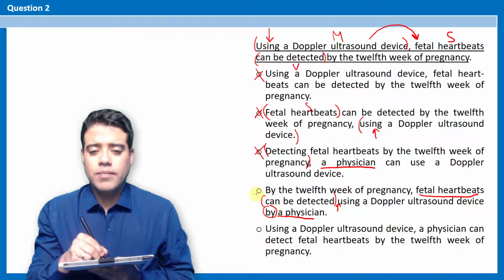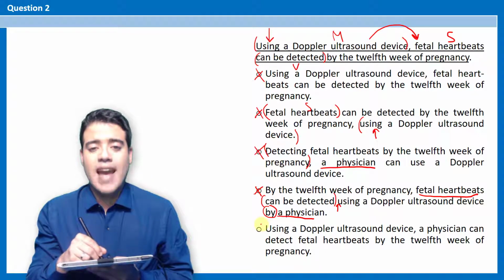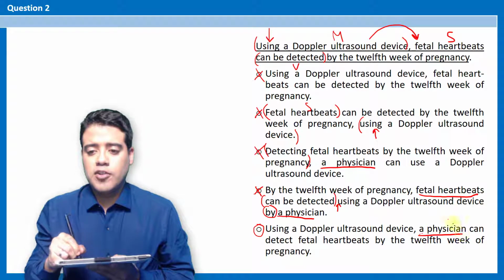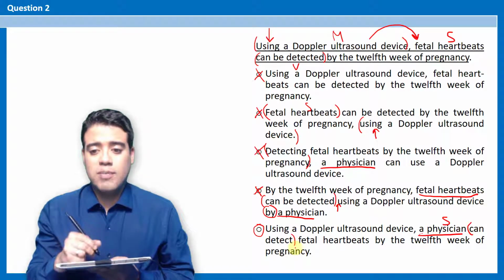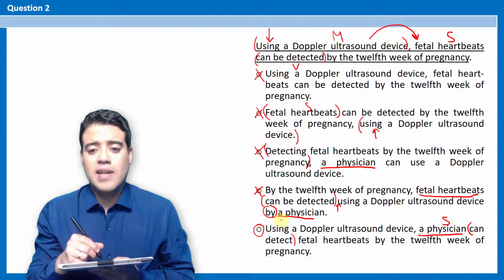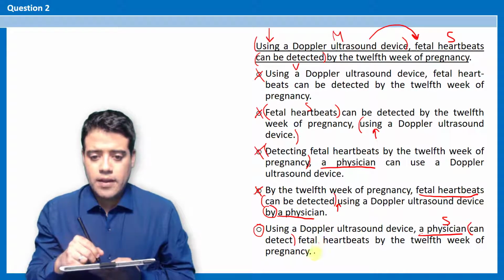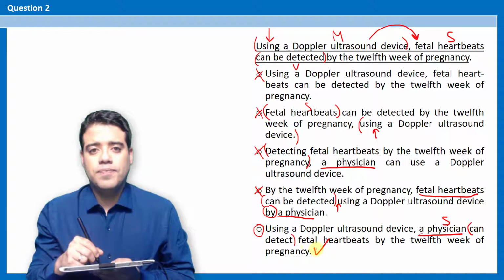And also, instead of passive voice, it is better to use the more concise or simpler active voice. That means that a physician can detect is active, and that's better than heartbeats can be detected by a physician. You see, it's a bit shorter. E was the best choice.